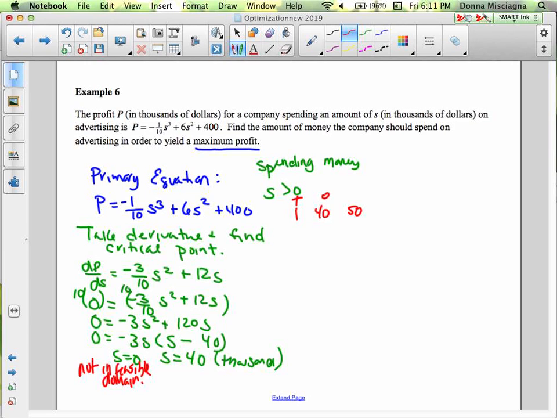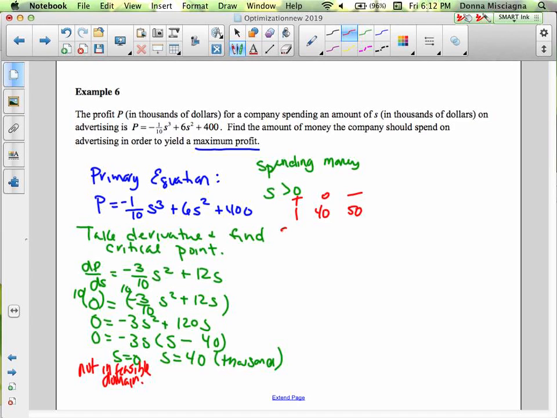If I plug in 50, I'm going to have 12 times 50, which gives us 600. And then 50 squared is 2,500. So we have 2,500 times 3/10, so that's going to be negative 750 and positive 600. That's going to be a negative number.